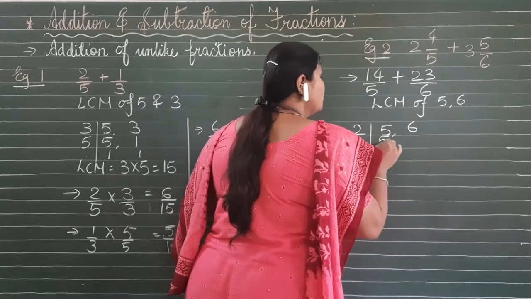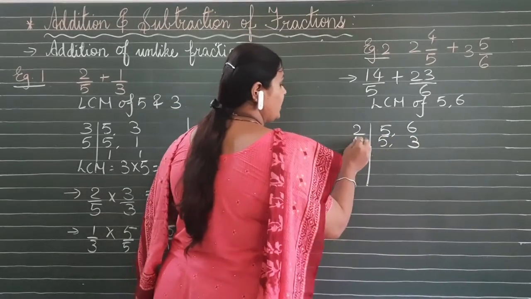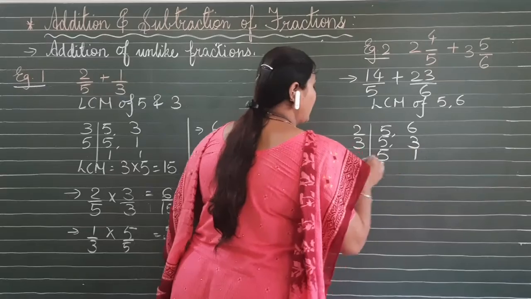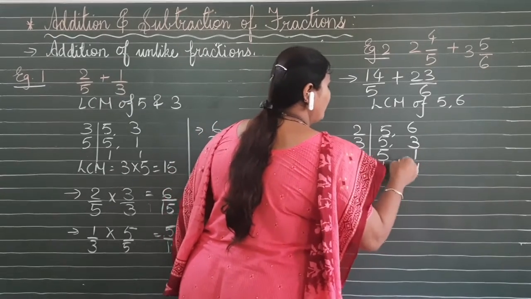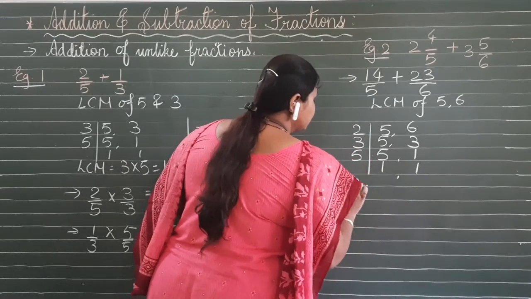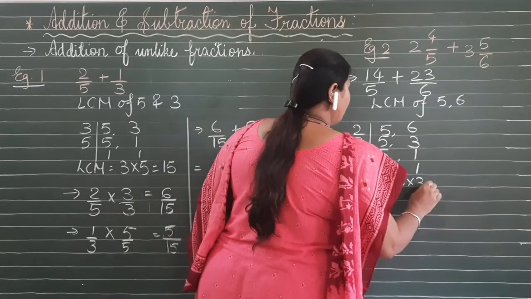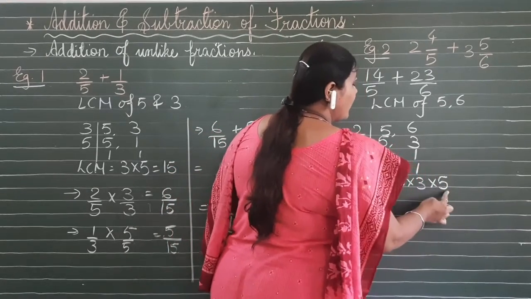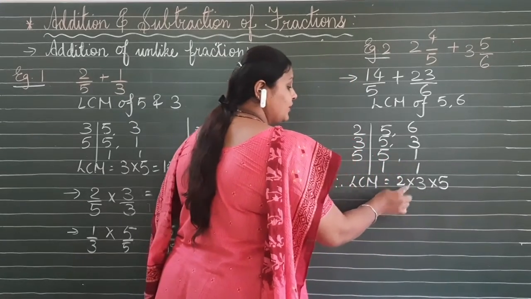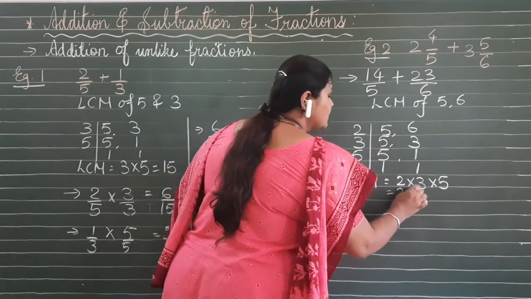We will start with 2. Here it will be 3, 3, 5, 1, 5, 1, 1. So LCM is 2 into 3 into 5. 5 3s are 15, 15 2s are 30. So LCM is 30.